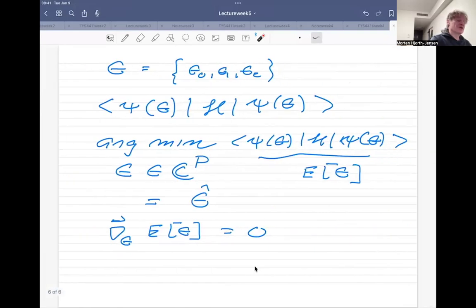Then by the variational procedure, where we need to calculate the gradient of the expectation value of the energy as a function of these angles theta, through finding the roots of this equation, we are going to find the optimal variables theta, which optimize the energy and give us a variational minimum. So let's go back to the slides from this week and take a closer look at them again.